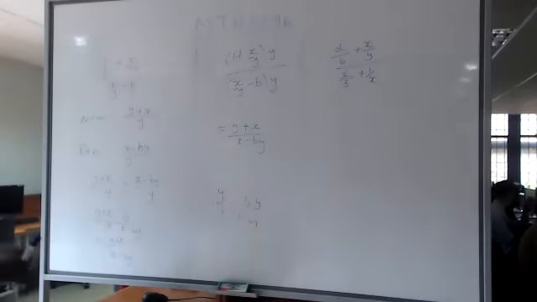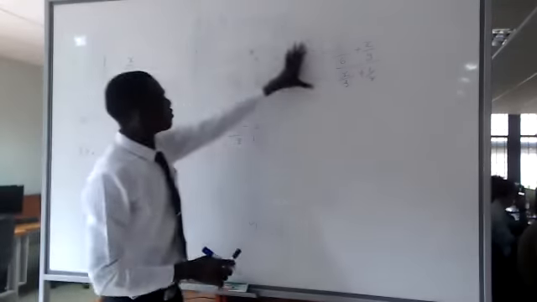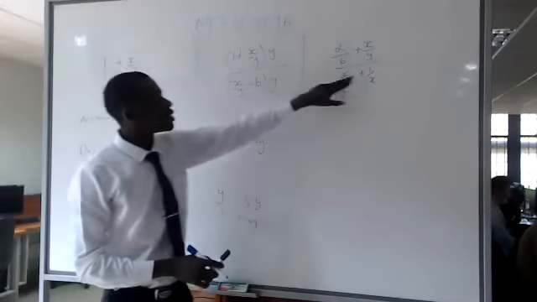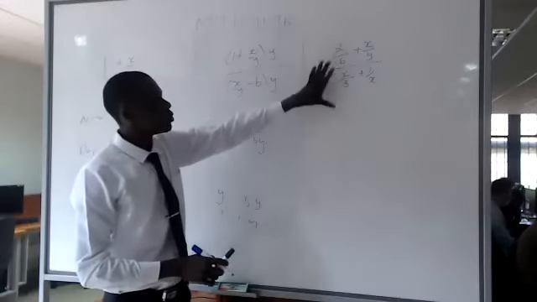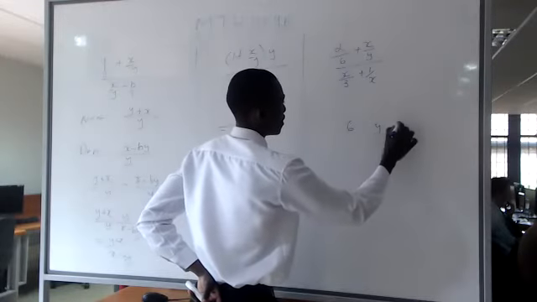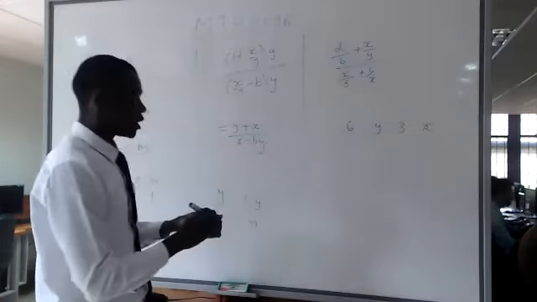This will be a good example. We want to simplify this expression by the second approach, where we find the LCM of all the denominators in the numerator and the denominator. So we have 6, y, 3, and x. I've just picked the denominators.